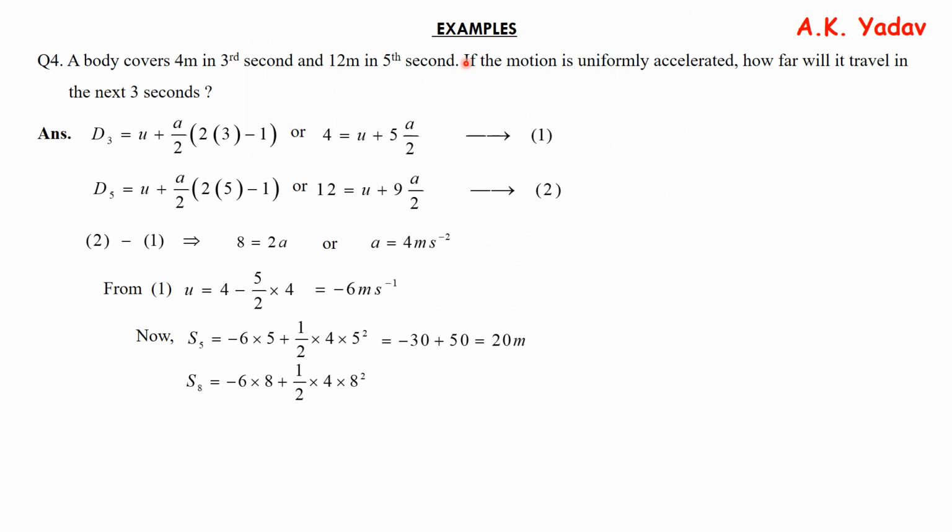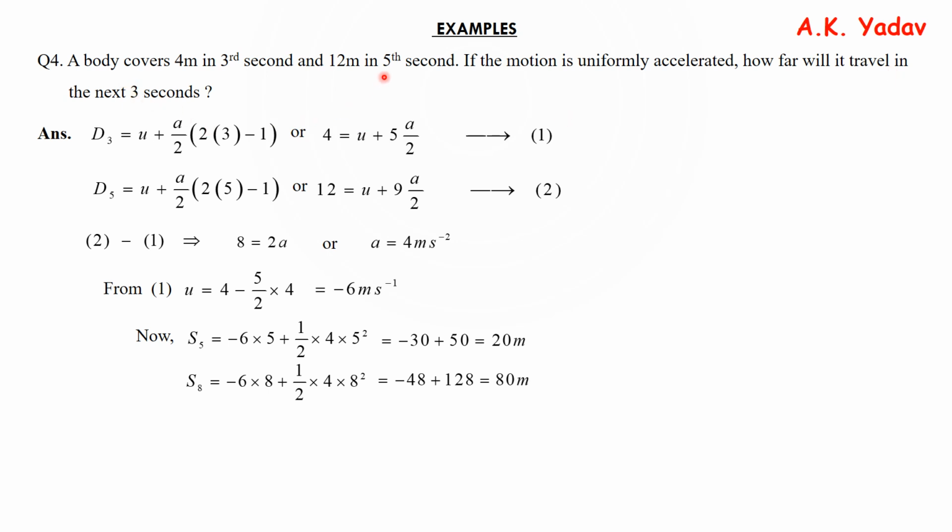Now the distance traveled in 8 seconds, again we will put the values and in place of time we will put 8 seconds, and on solving we get 80 meters. Now what was the question? It was how far will it travel in the next 3 seconds.